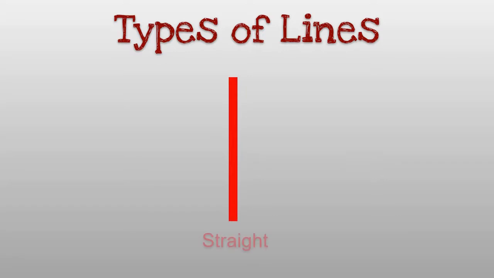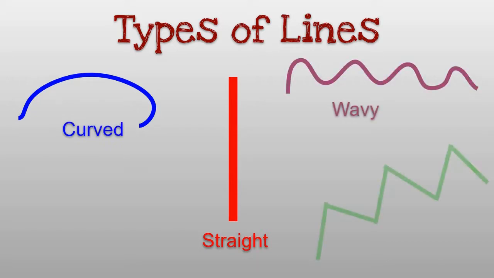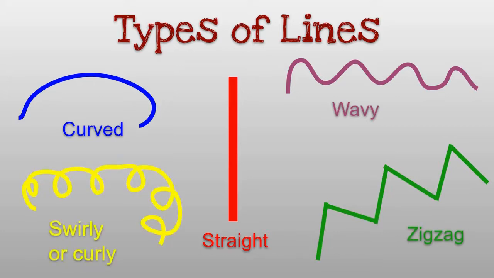Another way to think about lines is whether they are straight lines or curved lines. Lines can also be wavy or zigzag. They can be swirly or curly, or spiral, or pretty much anything you can think of.